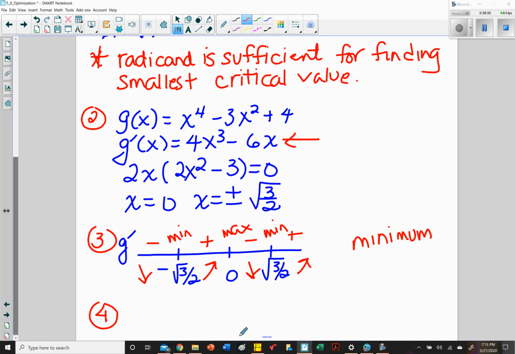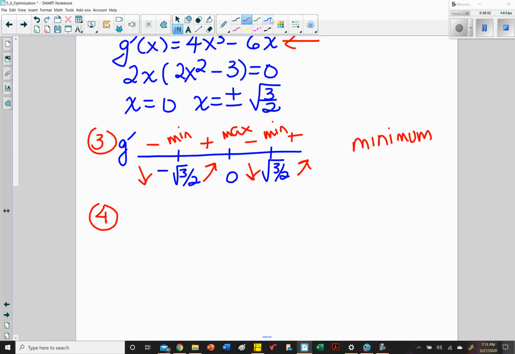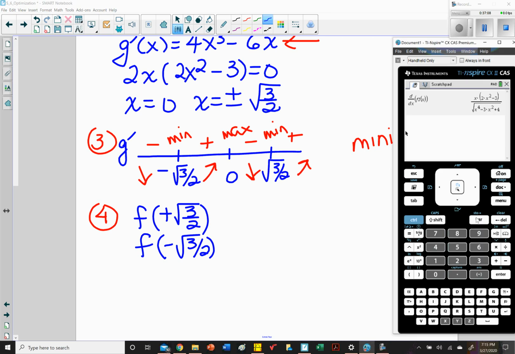And again, I'm going to go back to my calculator step. So we know that the f of positive square root of 3 over 2 and the f of negative square root of 3 over 2, let's see what those would be. So I want to evaluate the square root of 1.5.